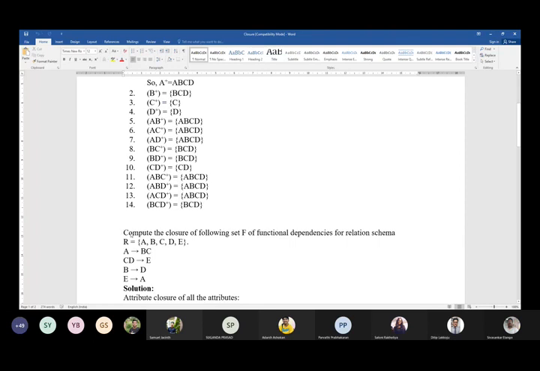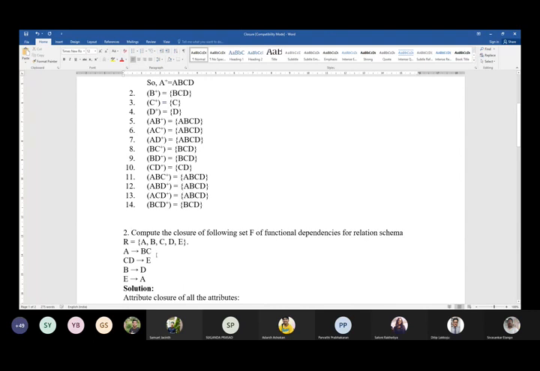We have a relation with attributes A, B, C, D, E. We have 5 attributes, and there exist some functional dependencies between the sets of attributes. So A can functionally determine B, C, D can determine E, B can determine D, and E can determine A.